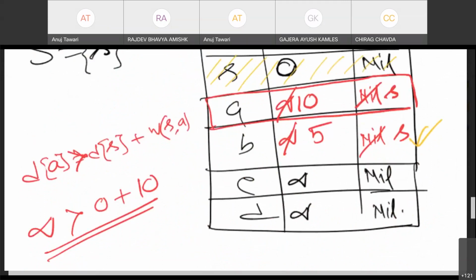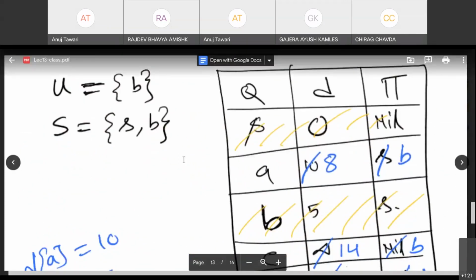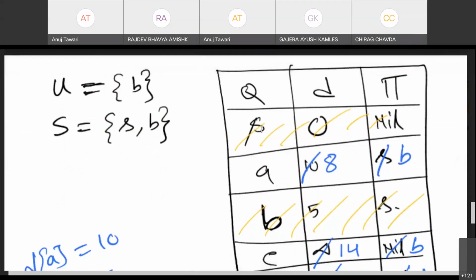So you can delete B from your set and store it somewhere, S comma B. We know the shortest distance from S to S. We know the shortest distance from S to B. And now we'll traverse the neighbors of B.